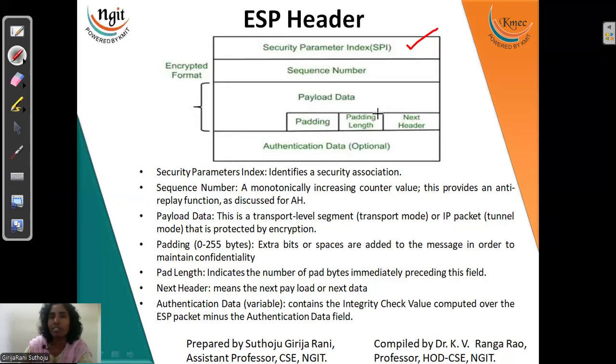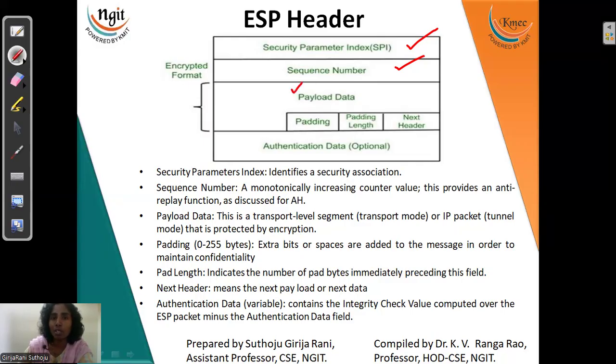All of that will be available here. Now, the sequence number in ESP plays an important role because it is a value incremented by 1 all the time. At the same time, it acts as a nonce, which can avoid replay attacks.